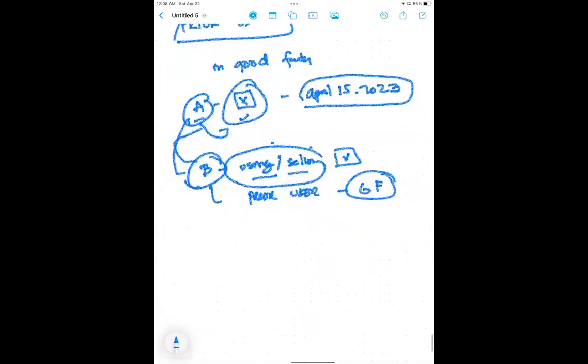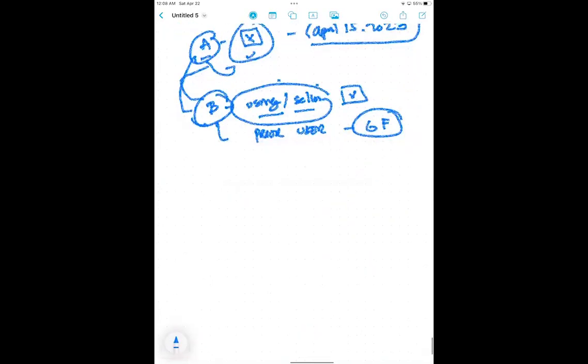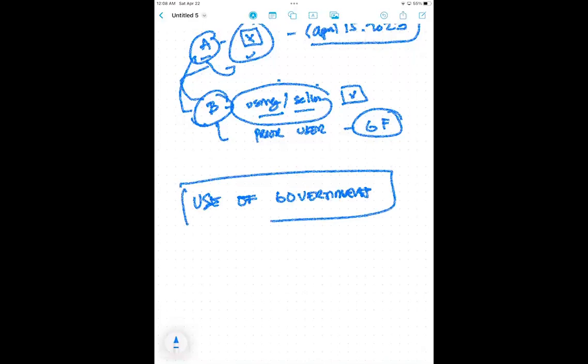Okay? Now, another limitation is government use. Okay? Now, if this is the case, then walang magagawa si patent owner.